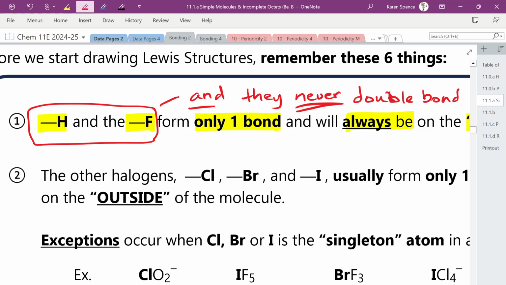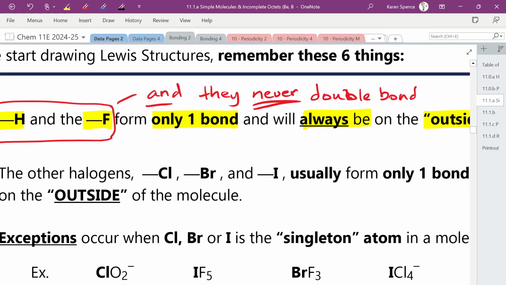Yes. Why can't Cl, Br, I, or At double bond? Mostly the Cl. Why can't Cl double bond? Because most of the time, Cl has 1, 2, 3, 4, 5, 6, 7 electrons. It's only got room for sharing 1 because it's already full.